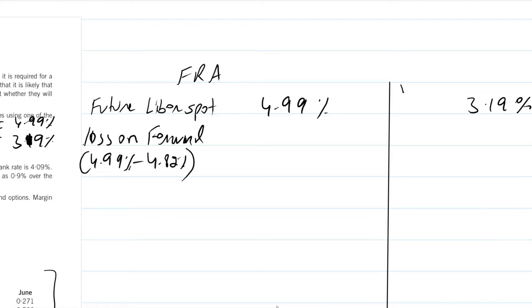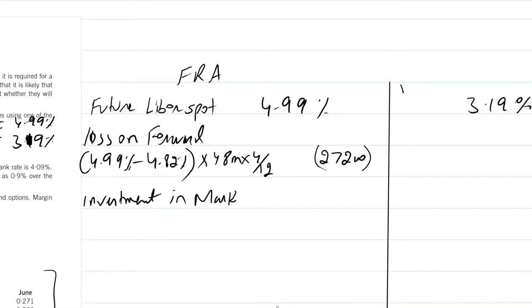So we are facing 0.17% loss on this, and we are facing this loss on the investment of 48 million for a period of 4 months. So this will be 27,200 loss. And when we invest this amount in the market, our return will be on 48 million.